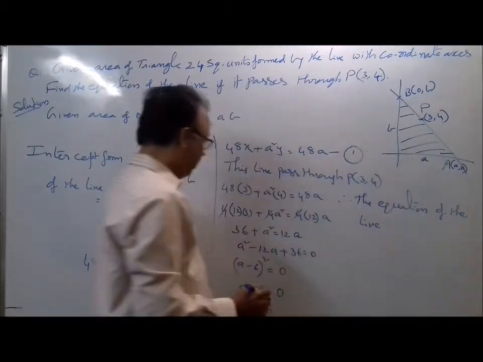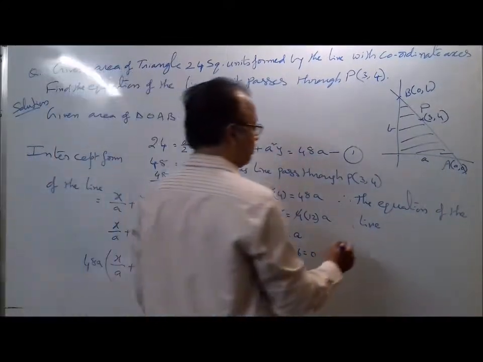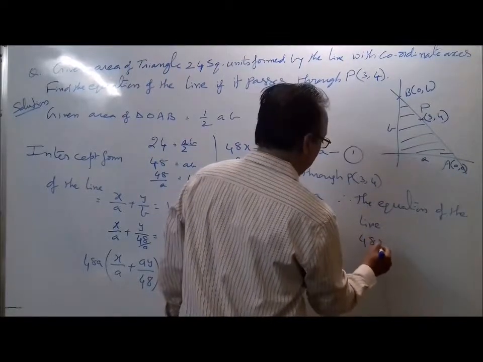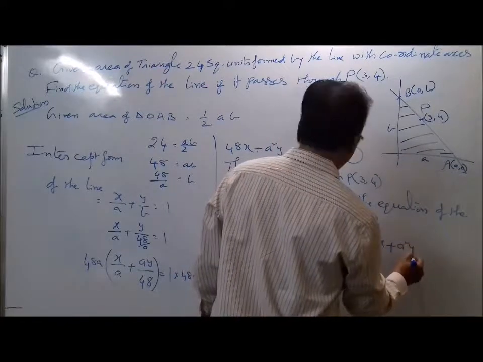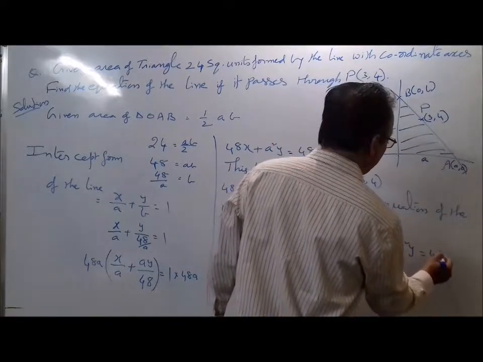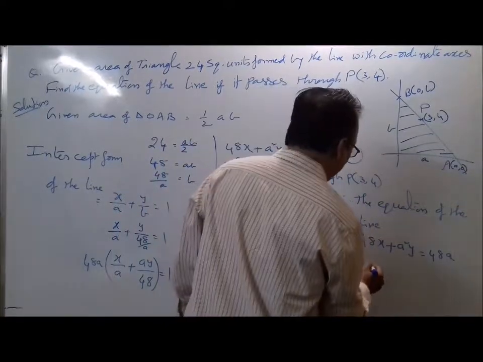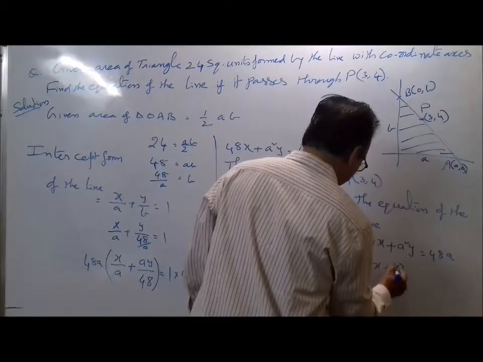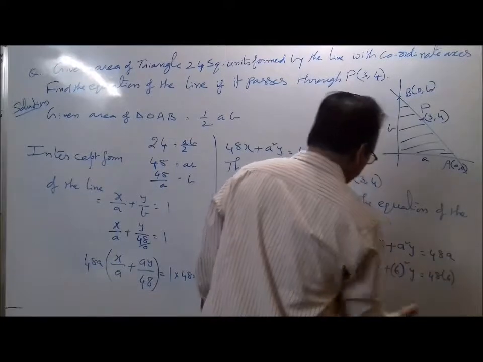Now the equation of the line: where the A value is substituted in the first one, it is 48x plus A square y is equal to 48A. I write the A value there. So 48x plus 6 square y is equal to 48 into 6.